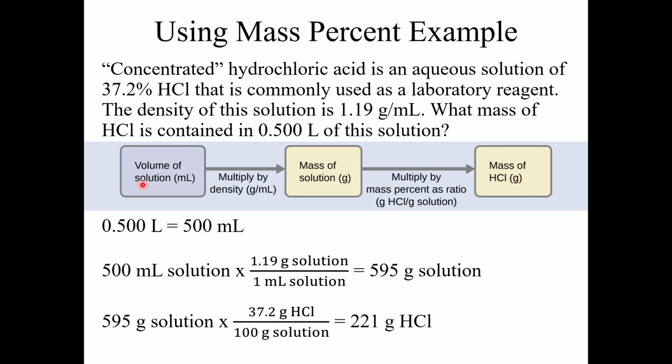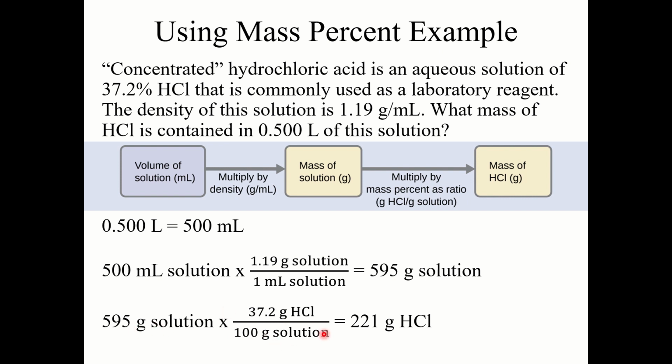Final step is I'm going to use that mass percent essentially as a ratio or as a conversion factor. Because 37.2% HCl really just means that for every 37.2 grams of HCl, I've got 100 grams of solution. So I can use that as a conversion factor where I've got 595 grams of solution, and I'm going to multiply by 37.2 grams HCl divided by 100 grams of solution.